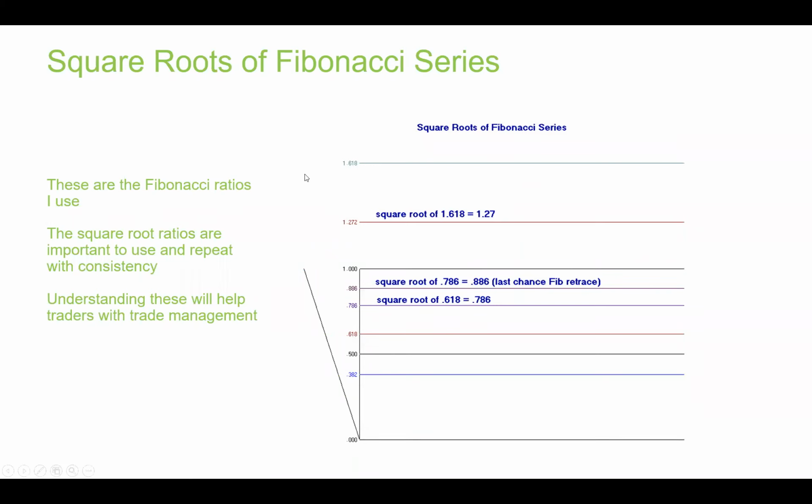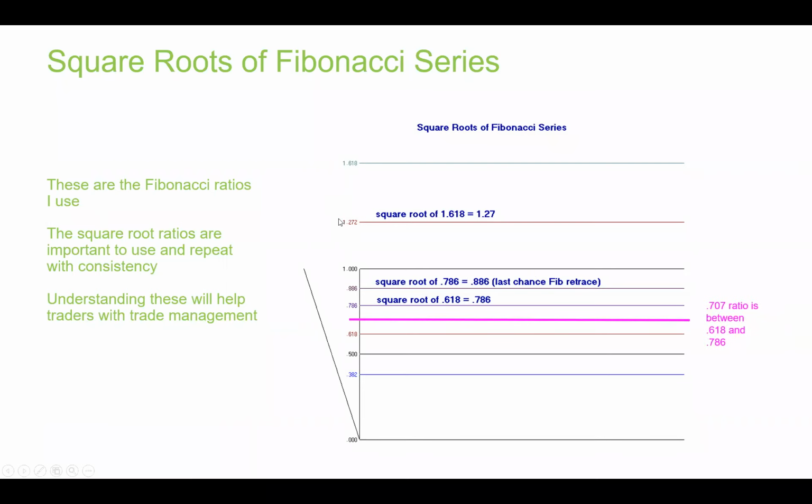Now, here is just a graphic of the Fibonacci ladder that I use in my trading. I generally have these ratios on: 0.382, the halfway mark, 0.618, 0.786, 0.886. We're going to talk about this one because this is what I call the last chance fib ratio. I'm going to give you some tips on that one.